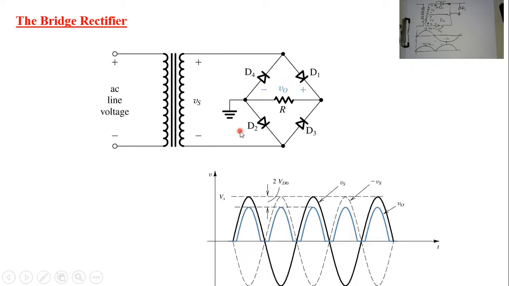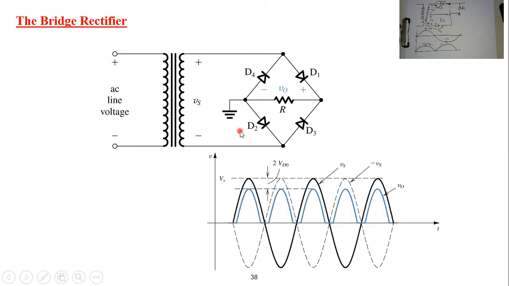So you have the same output, which is a full wave rectified signal. However, in your journey from the positive terminal to the negative terminal, you will pass by two diodes, not only one. That's why the voltage drop between the output and the input is larger. It's V node or two built-in potentials, not one.